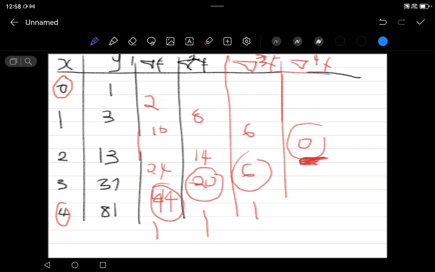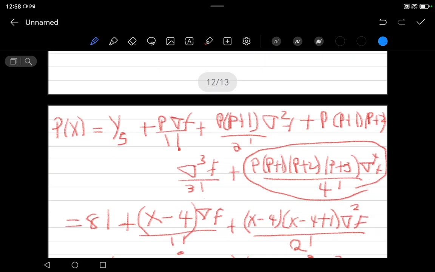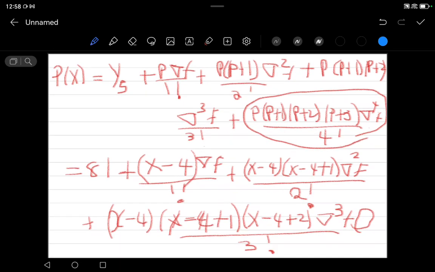That's why I said the last coefficient is 0, and any number multiplied by 0 is 0. So we substitute 44 here, 20 here, and 6 here.